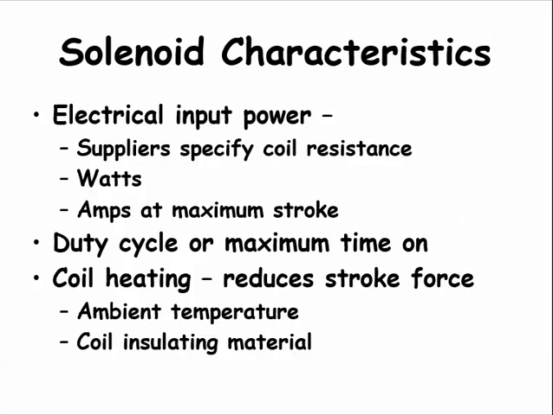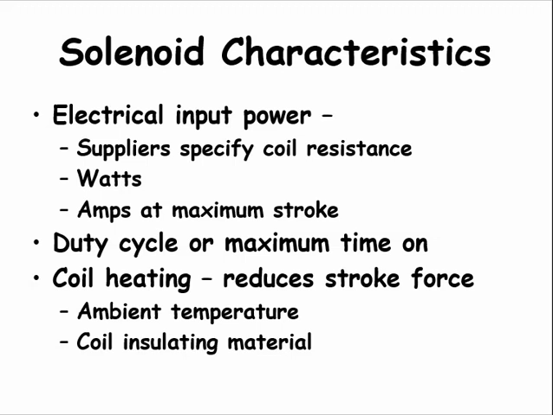Additional solenoid characteristics that need to be considered include the amount of electrical input power needed to drive the solenoid. Suppliers will specify the coil resistance, watts, and amps required. As we discussed with relays, solenoids may have a duty cycle limit also, which limits the amount of time that the coil can be energized.